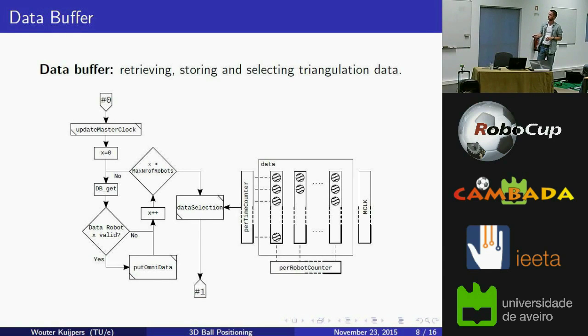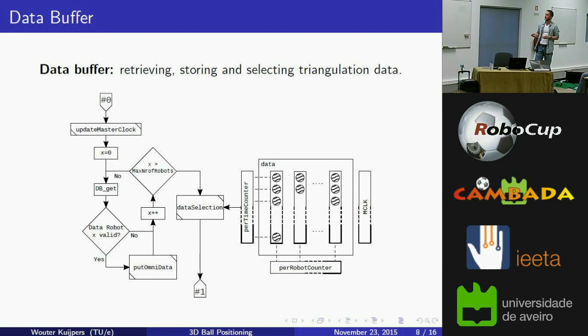So for example, currently we will be in robot 1 because that robot has the latest data sample. This loop on the left fills this data buffer and keeps track of how many entries there are in each column and how many entries there are in each row.